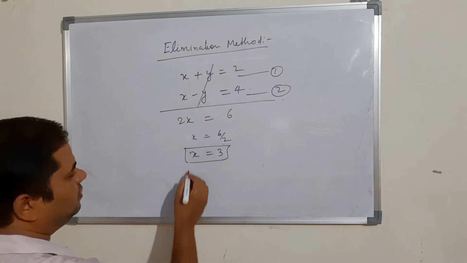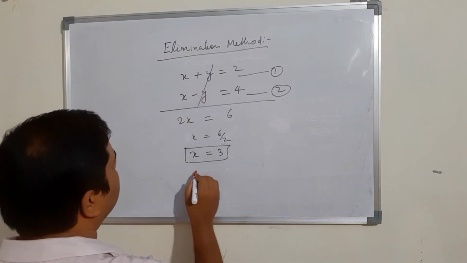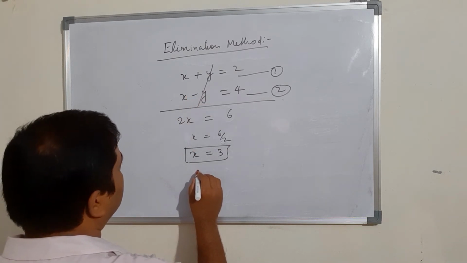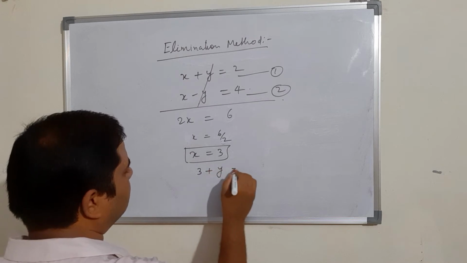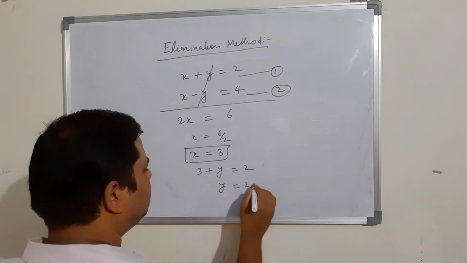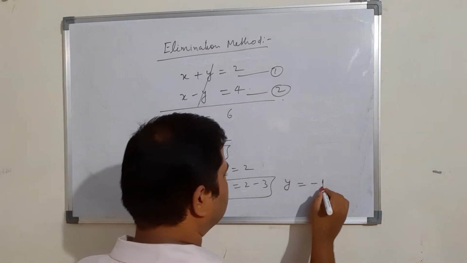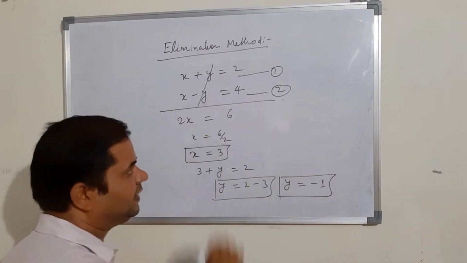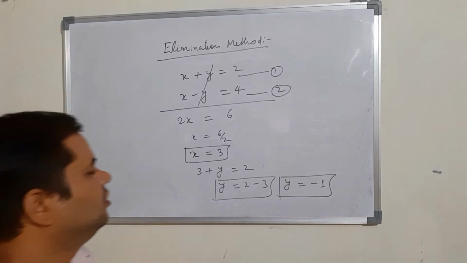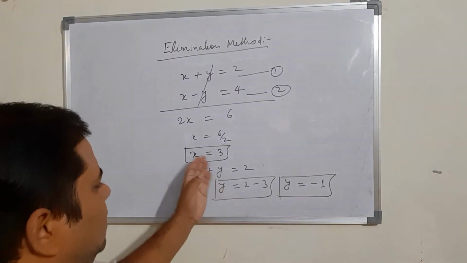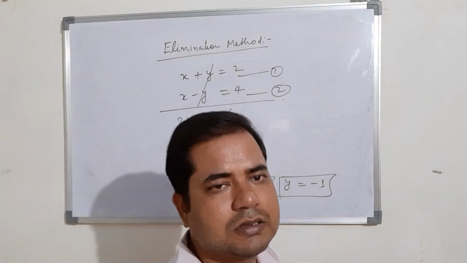Putting this value in any one equation, suppose 3 plus y is equal to 2, then y is equal to 2 minus 3, so y is equal to minus 1. The same solution we get in this method also: x is equal to 3 and y is equal to minus 1.